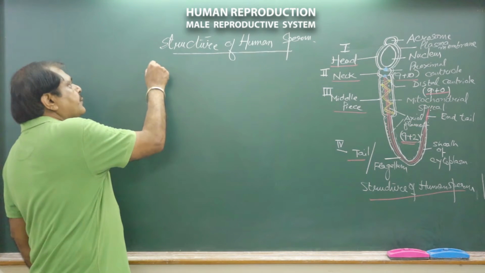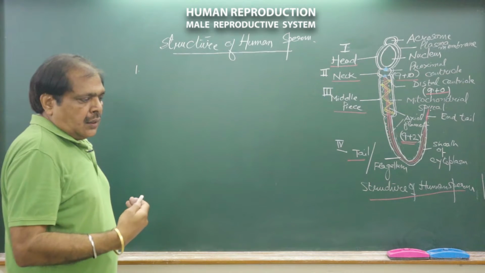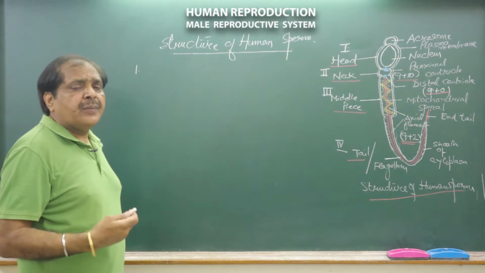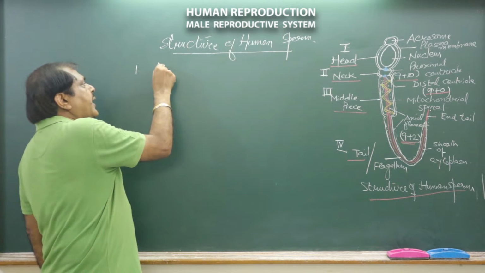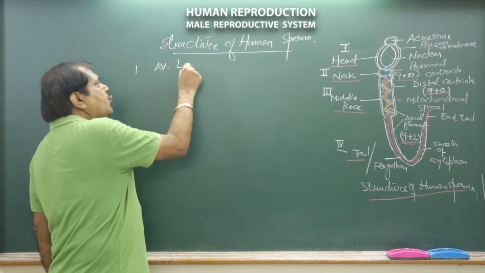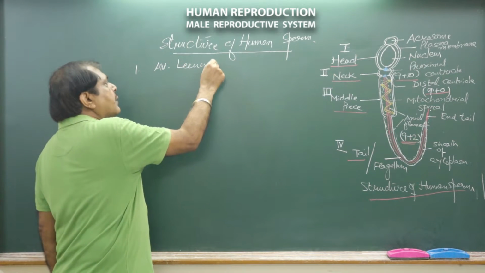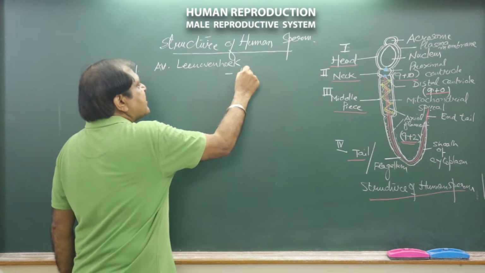Number 1. Human sperms were first seen by A.V. Leeuwenhoek in 1677.